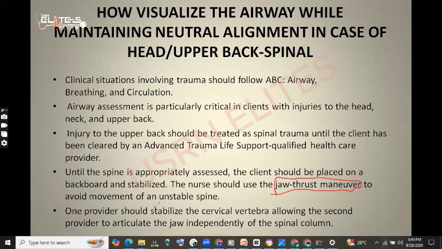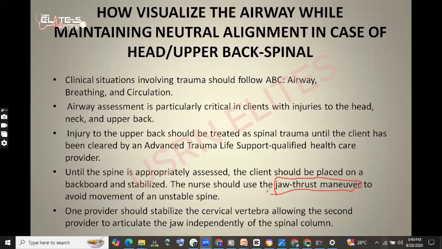Then avoid movement of an unstable spine. You do this so that you avoid movements of an unstable spine. That's what you're saying here. So one provider should stabilize, I'll show you this very soon, the cervical vertebrae, allowing the second provider to articulate the jaw. So you need two people to do this jaw thrust successfully.